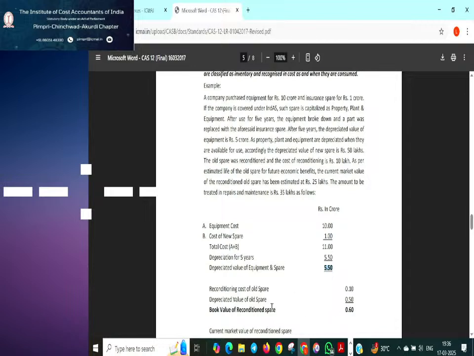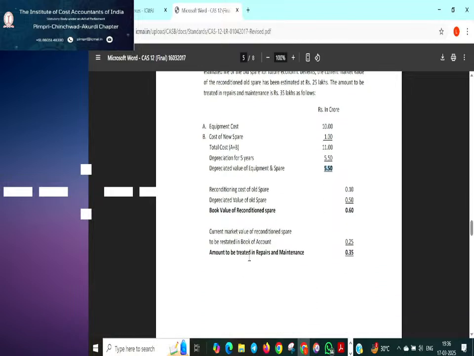So the book value of the reconditioned spare is 50 plus 10 lakhs, 60 lakhs. What is the current market value of the reconditioned spare? It is 25 lakhs. The book value shows 60 lakhs, but the current market value shows 25 lakhs. So the 35 lakhs difference will go to your repairs and maintenance account.